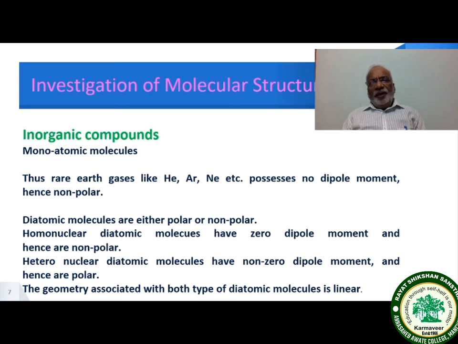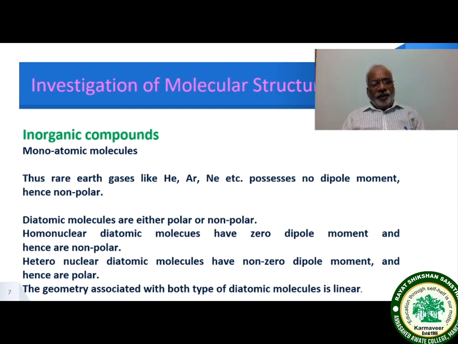Why? Because the center of positive charge and the center of negative charge for any atom is at one and the same place. The separation distance between the charges is 0 and hence the resultant dipole moment is 0, and therefore the monoatomic molecules are non-polar in nature.